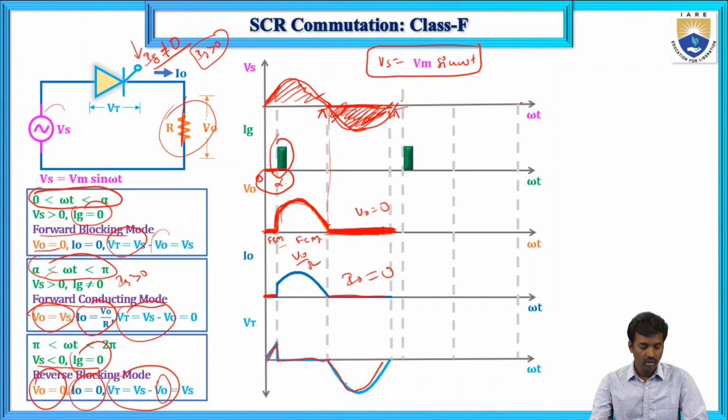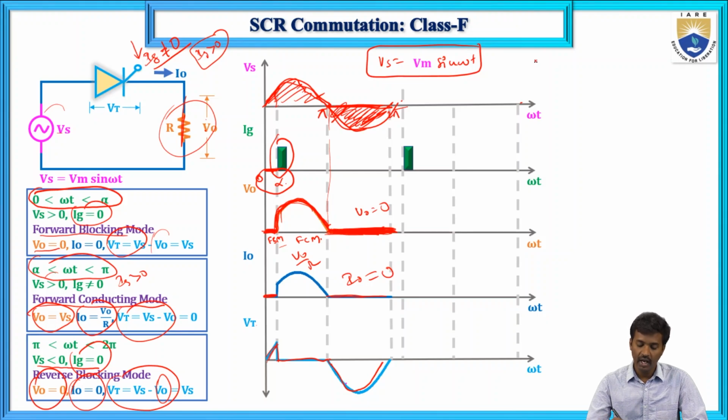So we can conclude that during the positive half cycle from alpha to pi, the thyristor will be turned on, but during the negative half cycle the SCR will be in the turn off position. So it is automatically turned off when we apply reverse potential to the SCR.